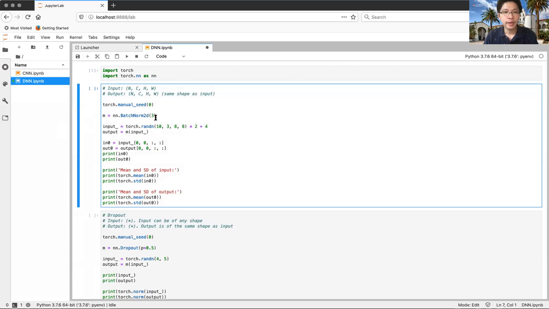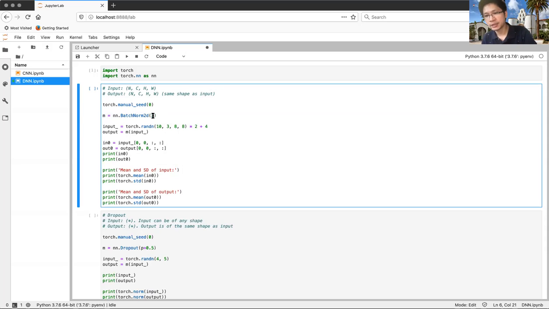The most common batch norm function in PyTorch is nn.BatchNorm2d. When we define this batch norm component, we call it m, which stands for model. We need to specify the input size.